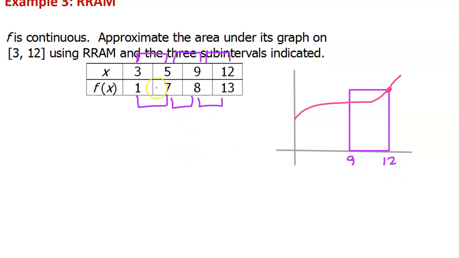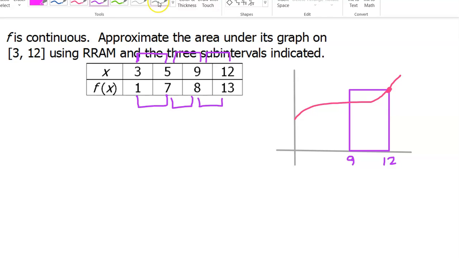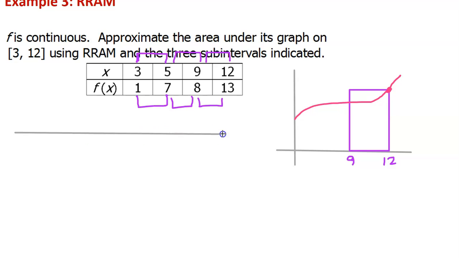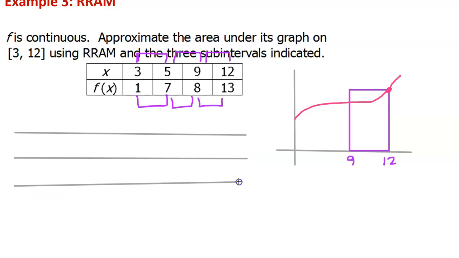So if I were you, I would make a little chart. I'm going to make a little chart right now. We're going to need a row for the intervals, a row for the base, and a row for the height.